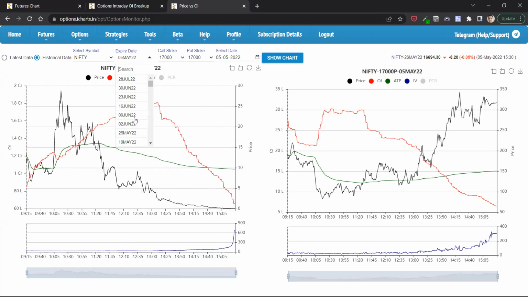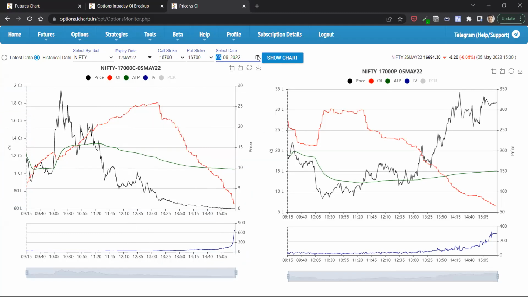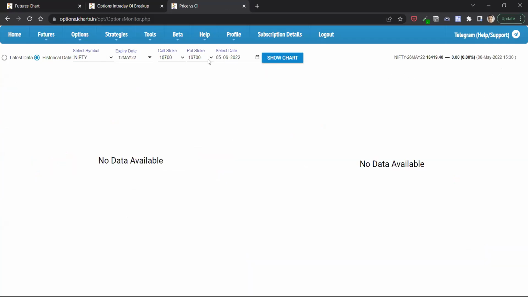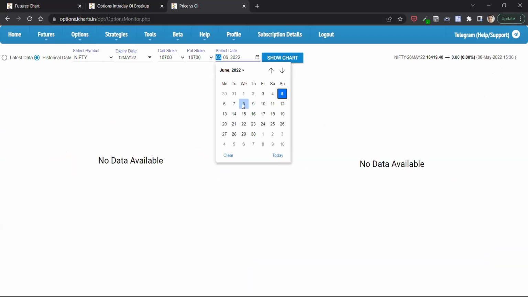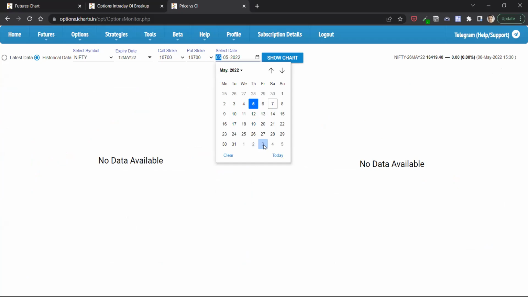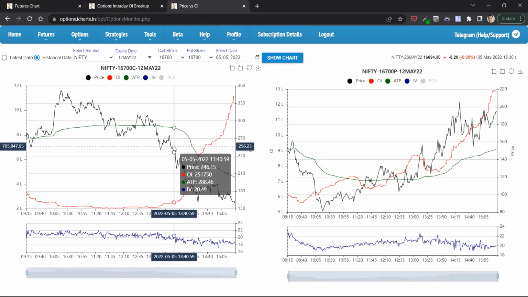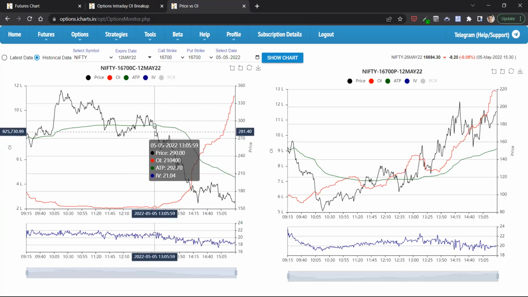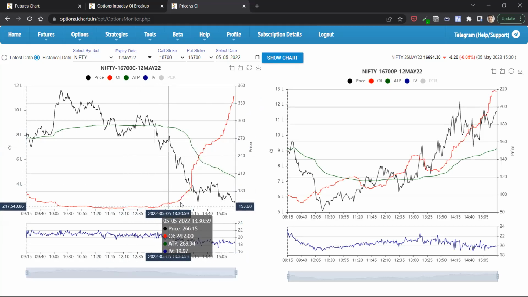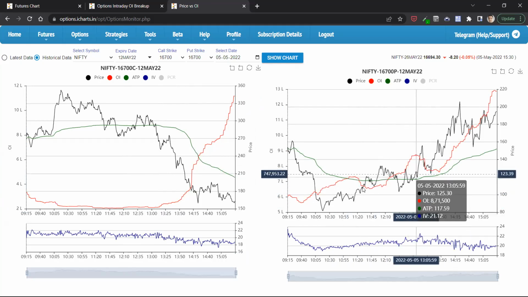But if you see on the other days, on May 5th, we were seeing this example here, price going down, OI going up, exactly over here.